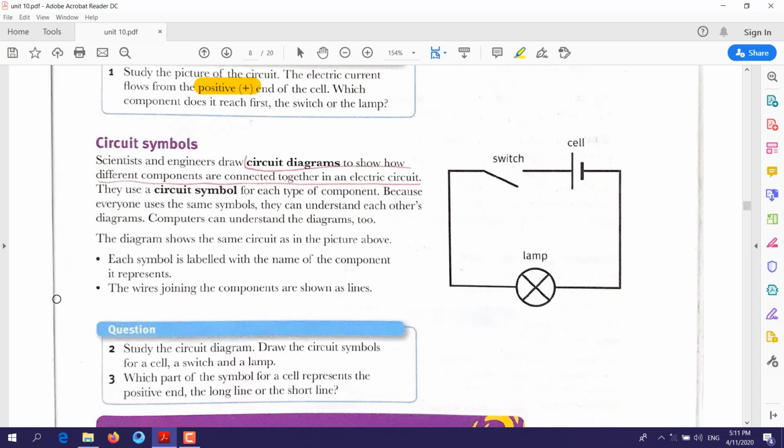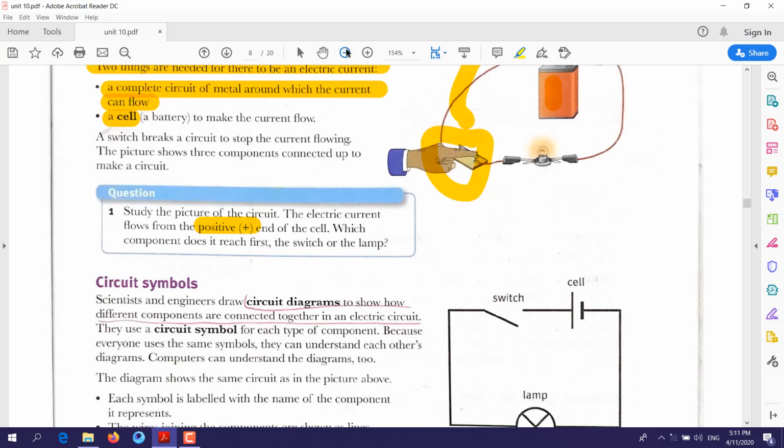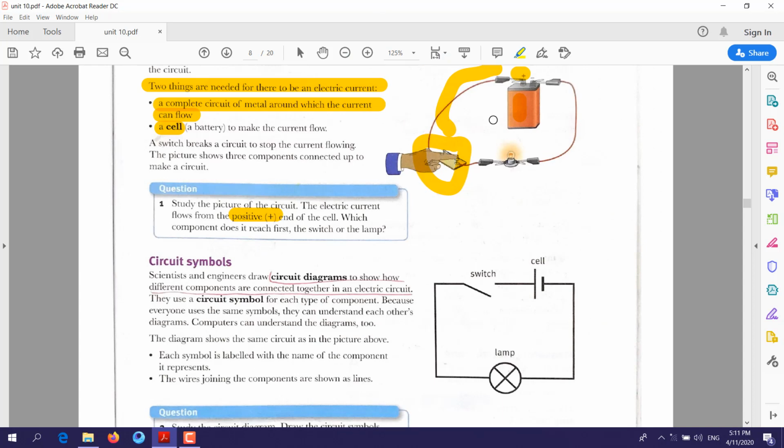Circuit symbols. If you look at these two diagrams, both of them represent the same thing. Both of them represent an electric circuit. But here, instead of using pictures of the electric circuit components, what do we use? We use symbols. Instead of drawing a battery, we can just use this symbol.